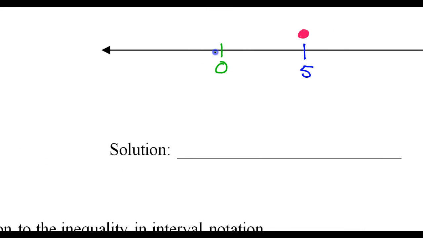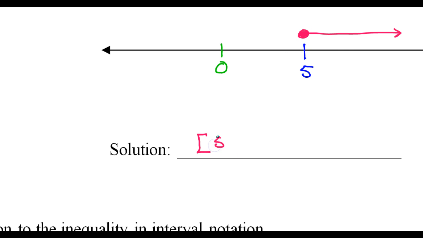So that means 0 is not a solution. That means none of the values over here on the left are solutions. That means the solutions must be over here on the right, like this. So this is the solution set. If I write that in interval notation, I'll have to use a square bracket to show that we're including the 5, just like we did with a closed circle.